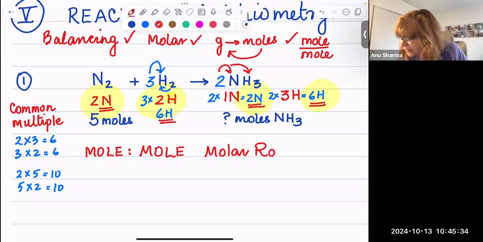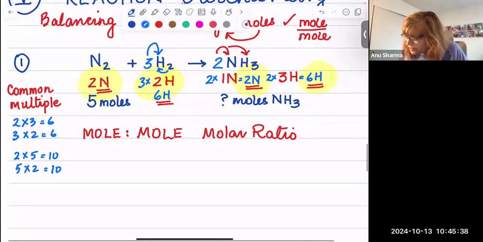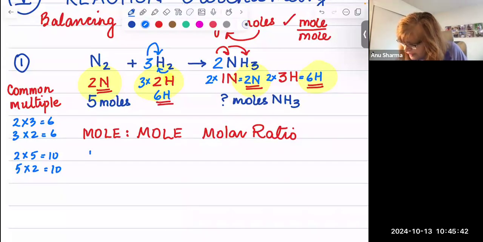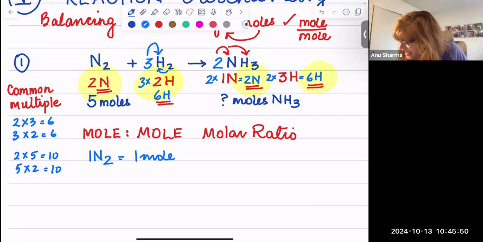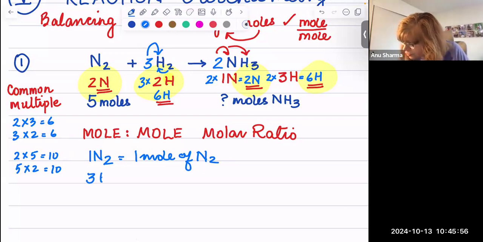Here we see 1 mole of nitrogen, this is 1 mole of N2. Clear? And 3H2 means 3 moles of H2.